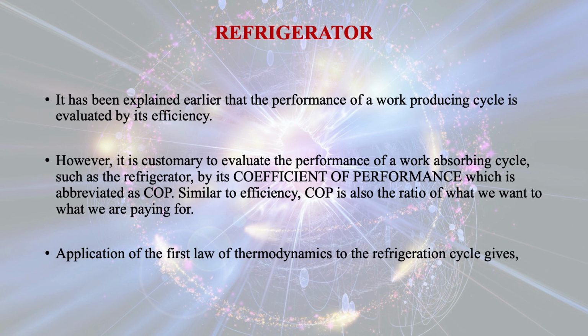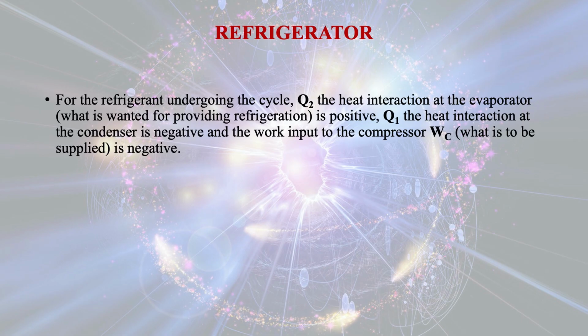Application of the first law of thermodynamics to the refrigeration cycle gives summation of Q equals summation of W. This is the expression for the conservation of energy for a cyclic process. For the refrigerant undergoing the cycle, Q2, the heat interaction at the evaporator, what is wanted for providing refrigeration, is positive because heat input to the system is always positive.